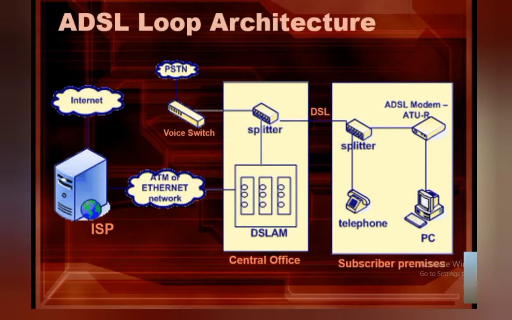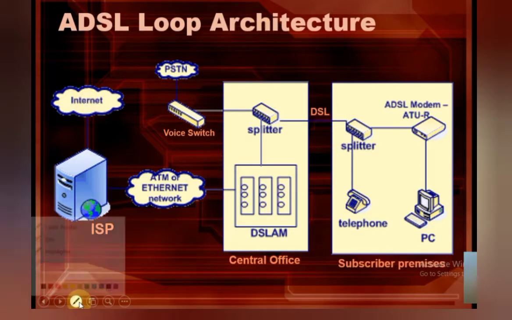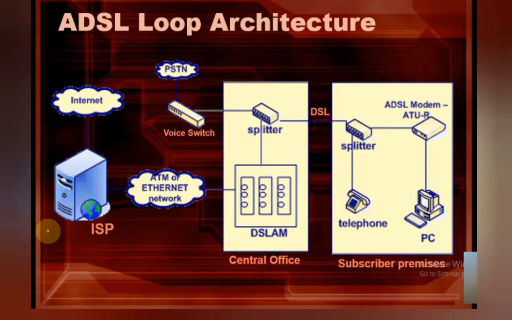The other thing is the loop architecture, as you can see from the slide. Here we have the internet. The next thing is the ISP. Then ATM, or the internet network, which is a very important thing.